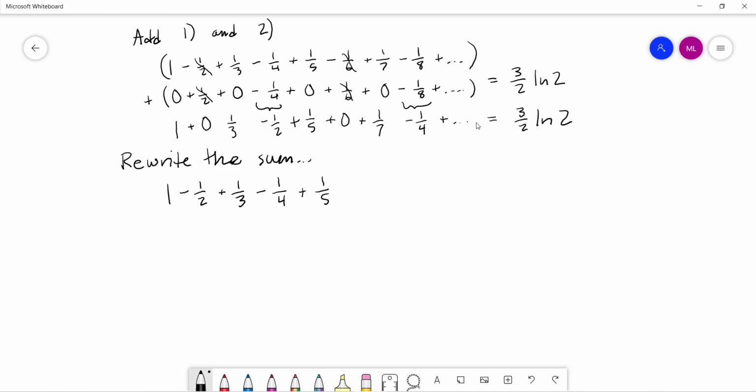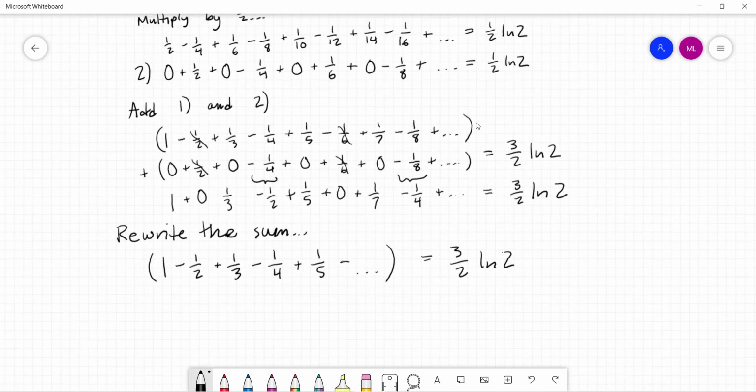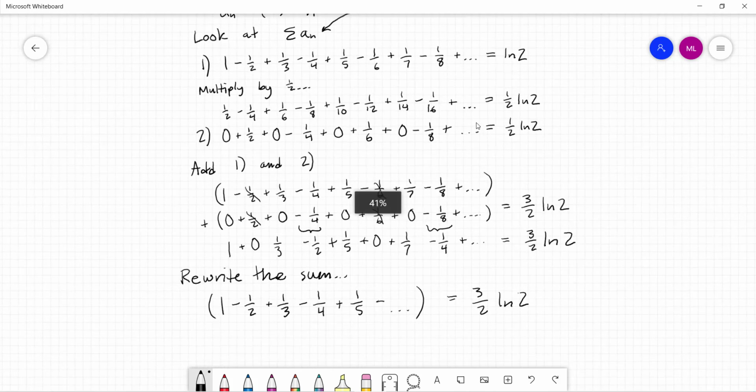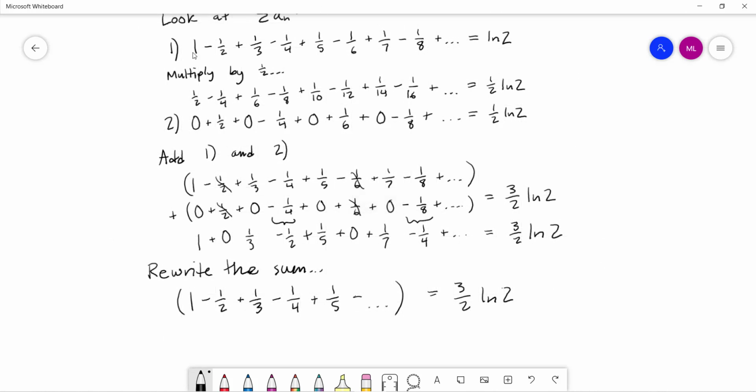This list right here, which is supposed to be equal to 3 halves the natural log of 2, is the same list as the original list 1. List 1 was 1 minus a half plus a third minus a fourth plus a fifth and so on. Our new list is 1 minus a half plus a third minus a fourth plus a fifth minus a sixth and so on.